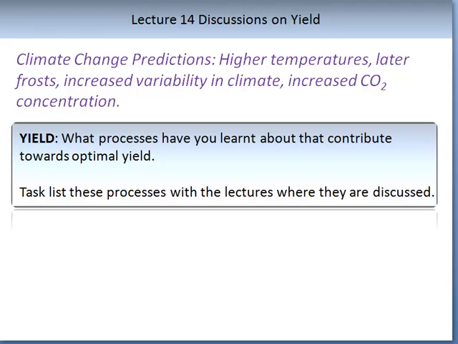So when you are revising this topic, perhaps think firstly about what are the processes that a plant uses in order to obtain an optimal yield. List these processes along with the associated lectures they were discussed in. Then, when you are reviewing the topic of yield, you will be able to refer to the relevant components and parts of your notes.